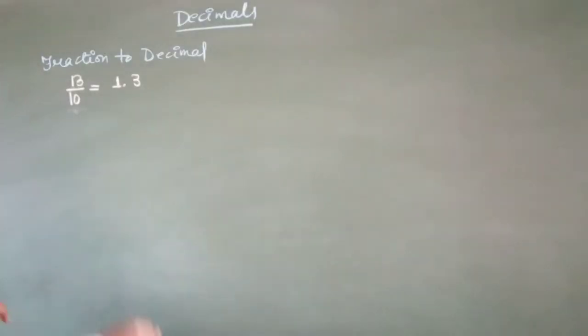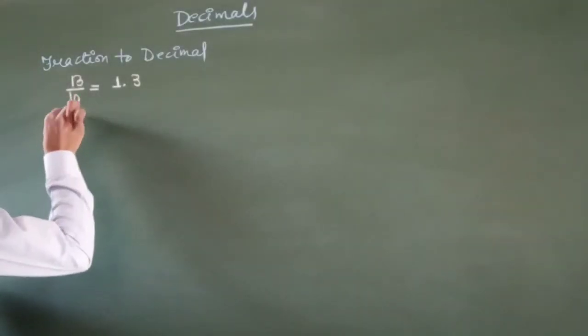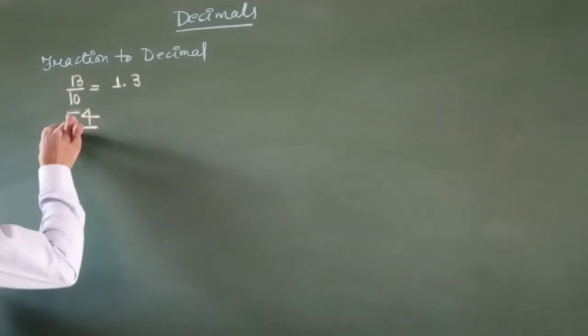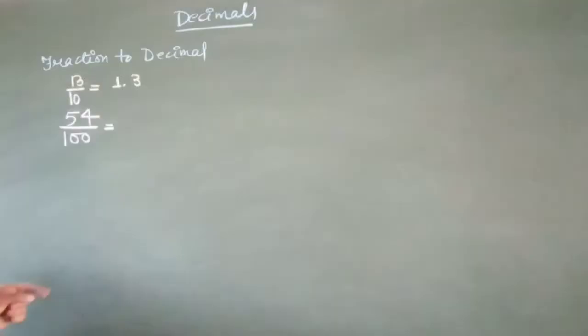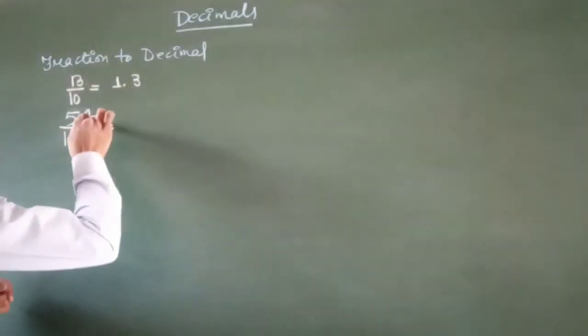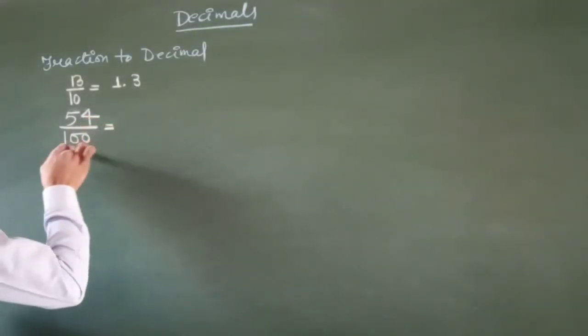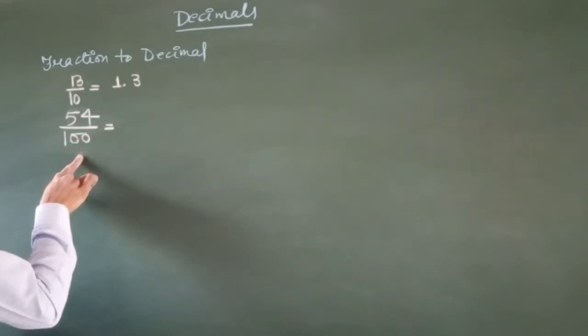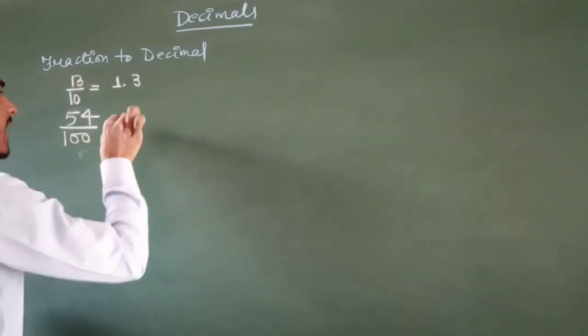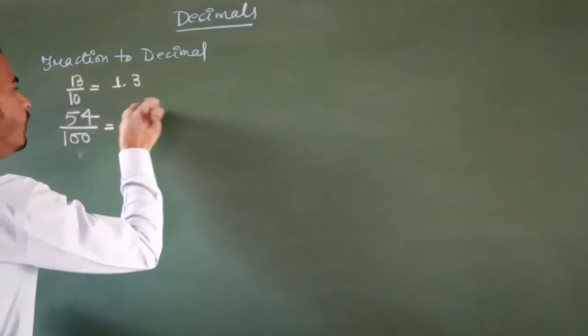Okay, and now the next example is 54 upon 100. You can suppose that there is a decimal, and now the number of zeros is 2, so we have to place the decimal before 2 places, that is 0.54.